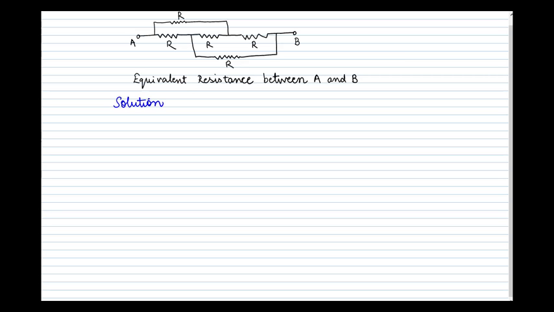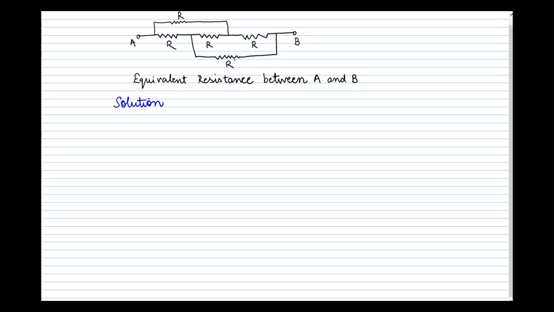We are given the circuit diagram, and as you can see, this R, this R, this R, this R, this R. So we have 5 resistances in all, and one is connected between these 2 and one is connected between these 2.